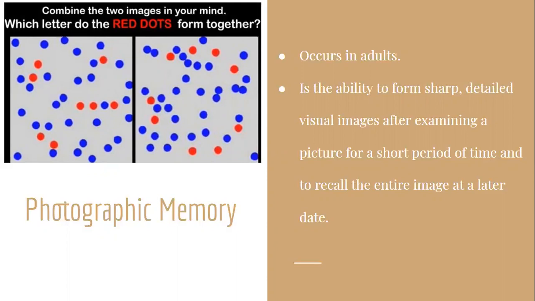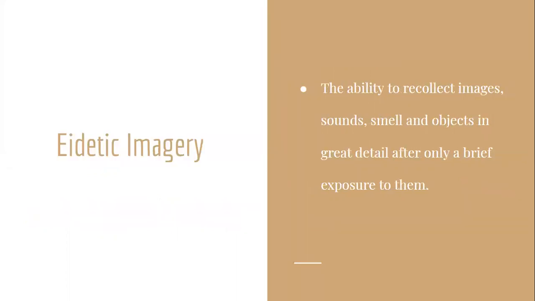This is photographic memory. Eidetic memory is often used interchangeably. It is similar to photographic memory. However, this is the ability to remember things that are heard, read, or even seen, even if only exposed to them briefly. Let's say you're going for a drive and you see a big pink building. Your brain takes a picture of this big pink building.